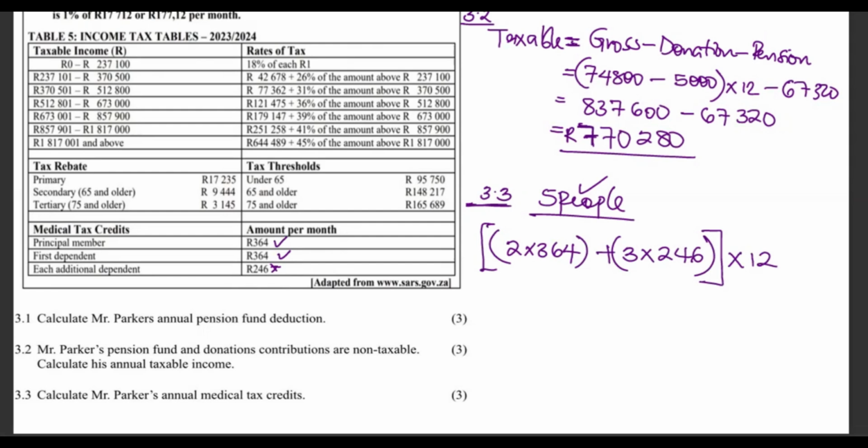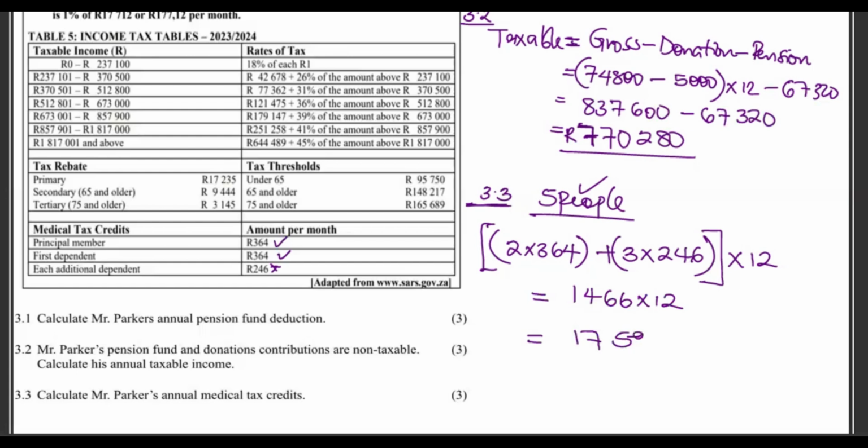So 2 times 364 plus 3 times 246, in brackets, is 1,466, multiplied by 12. So medical tax credits will equal 17,592.